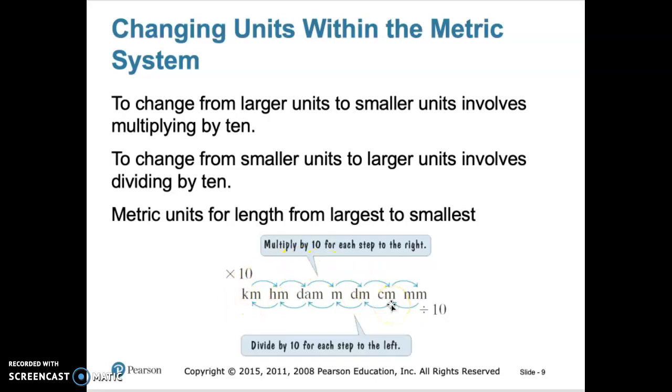Now on the flip, if I'm changing millimeters into meters, then I'm going to divide by 10 3 times, or I'm moving my decimal place over 3 times. Up here, I would be moving it to the right. Down here, I'm going to move it to the left. So let's see how that works.